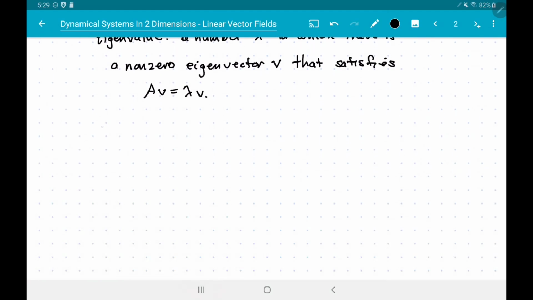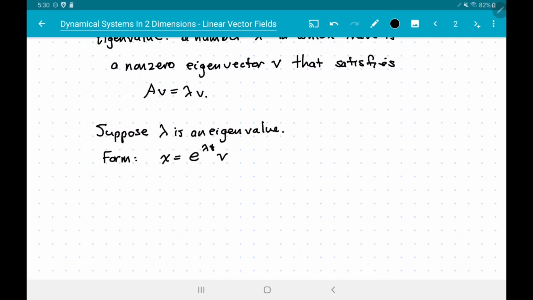So now suppose lambda is an eigenvalue, and I'm going to form the vector x equals e to the lambda t times v.